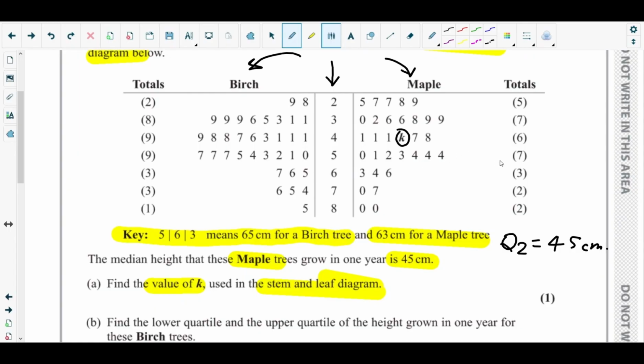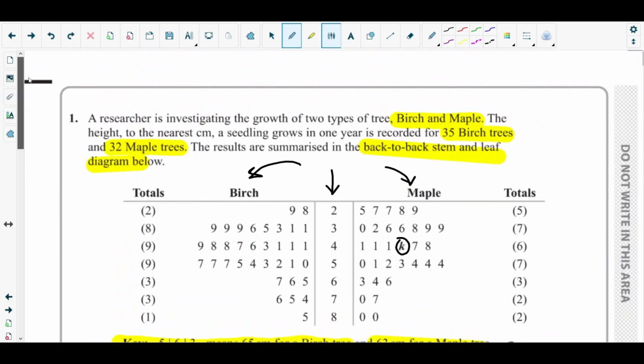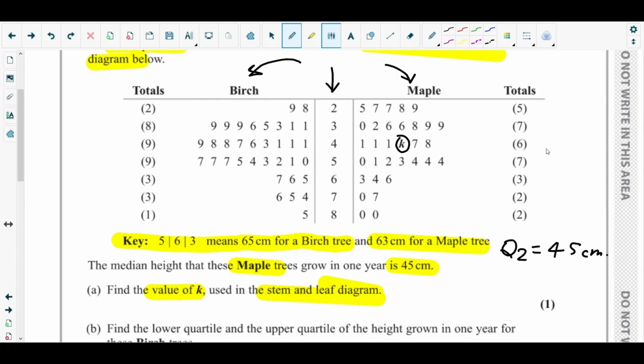Here the total number of data is 32, since there are 32 maple trees, so n is 32. That is an even number. For an even number, the median is the average of the middle term and its next term.